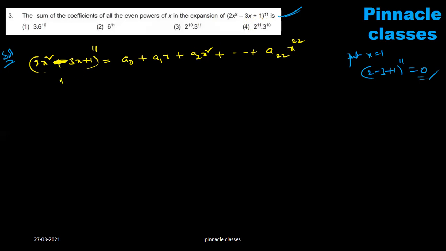Now, put x is equal to 1, the result is 0. Again, put x is equal to minus 1. What is the result? 2 plus 3, 5, plus 1, 6 power 11.